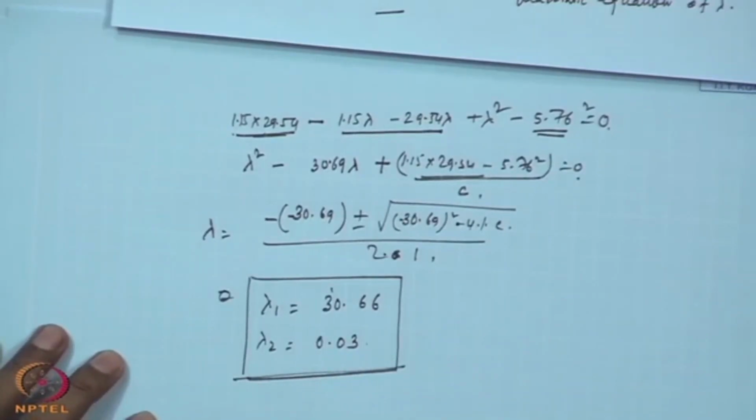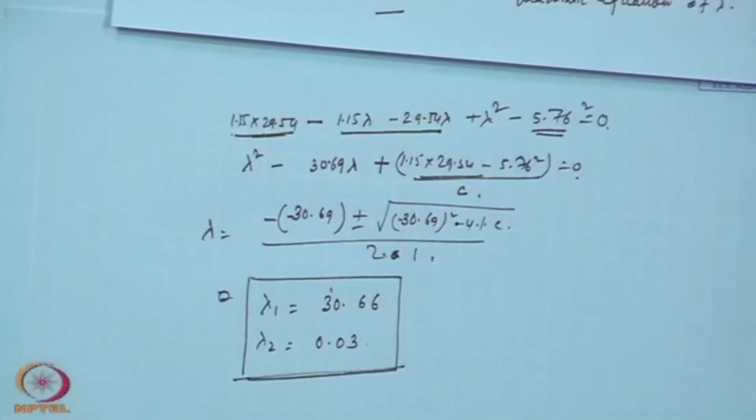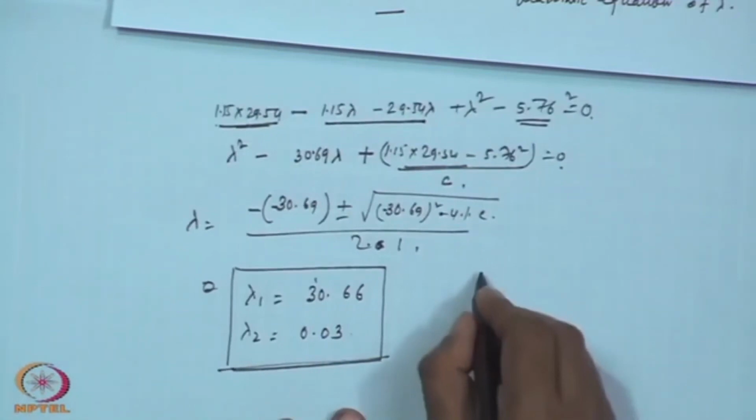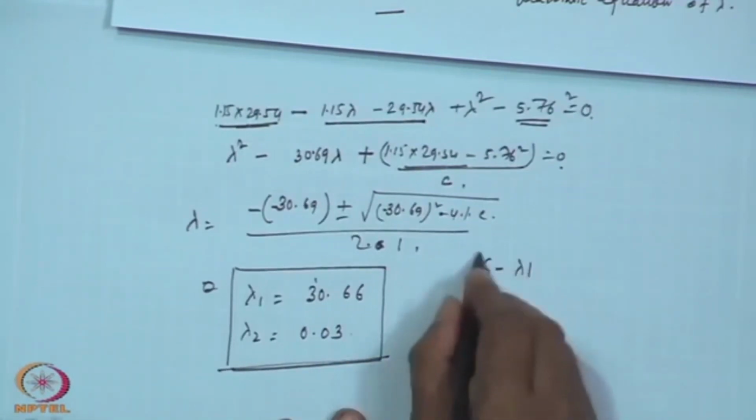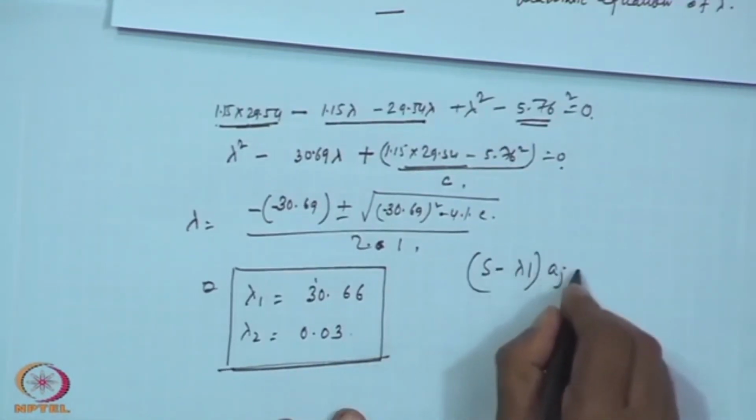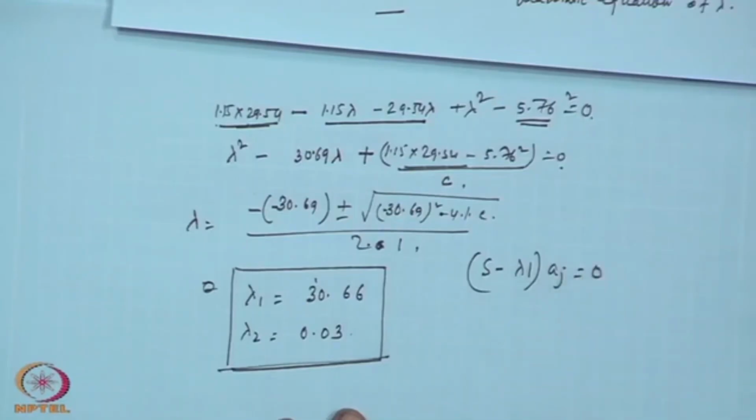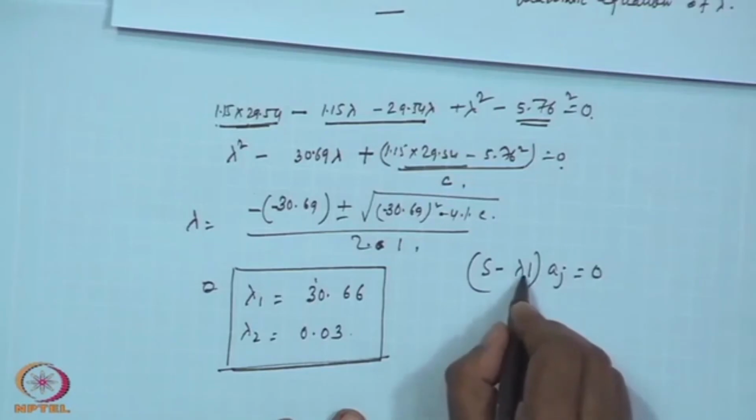Then what you require to find out? You require to find out the A values. So, what you will do now? We know S minus lambda I into A j will be equal to 0. Here we will be using lambda j now.